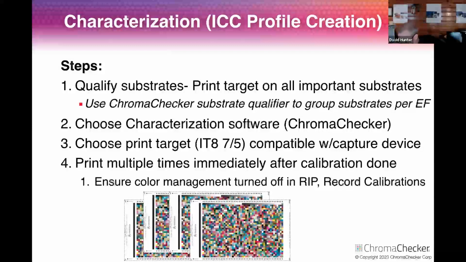I always recommend putting some sort of color bar on the page that your ICC profile is printed on. By doing this, when you build your ICC profile, you can also measure the color bar, and in ChromaChecker, label the color bar as having been done at the time the ICC profile was built.